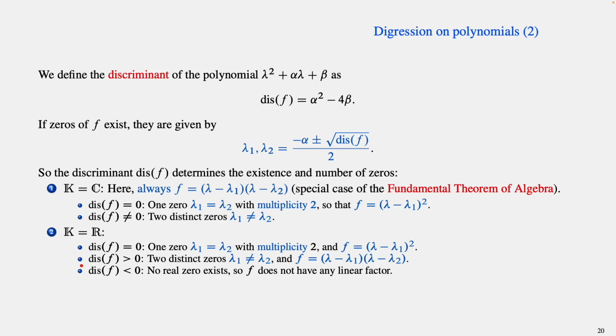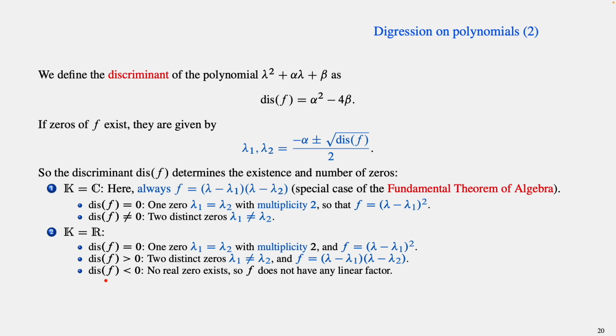If the discriminant is larger than 0, then this root exists as a real number. And that means we have two distinct zeros, lambda 1 and lambda 2. And therefore our polynomial is lambda minus lambda 1 times lambda minus lambda 2, a product of two distinct linear factors.